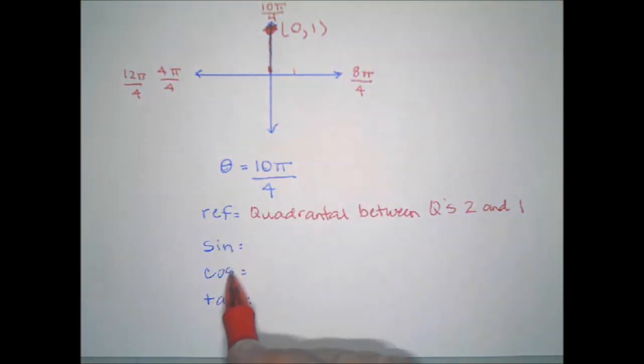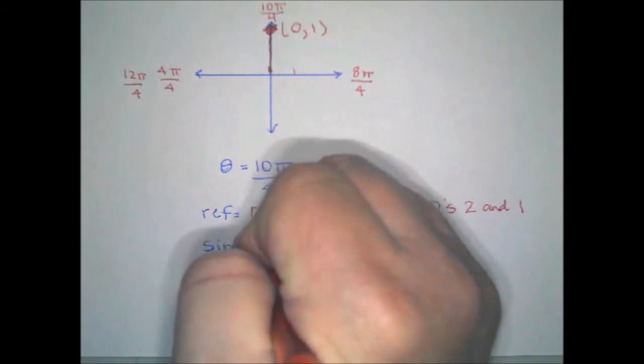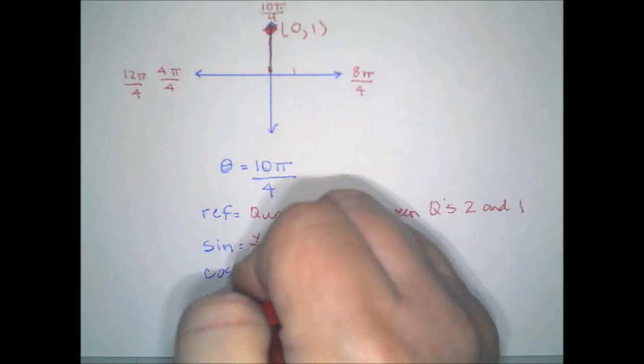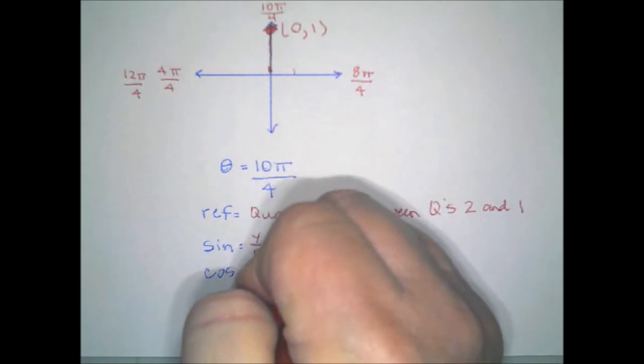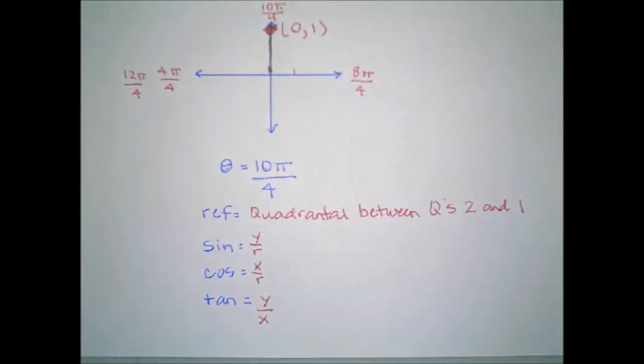And now I'm going to have to use the other definitions of sine, cosine, and tangent. Sine is y over r, cosine is x over r, and tangent is y over x. Now, the radius of the unit circle is always equal to 1.